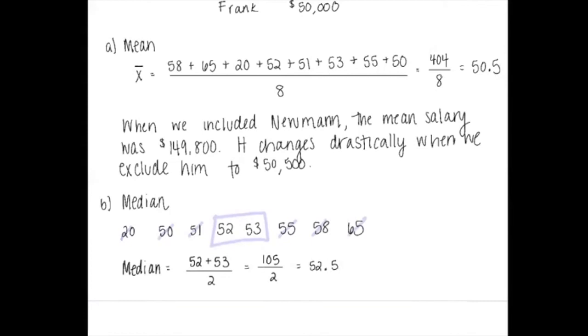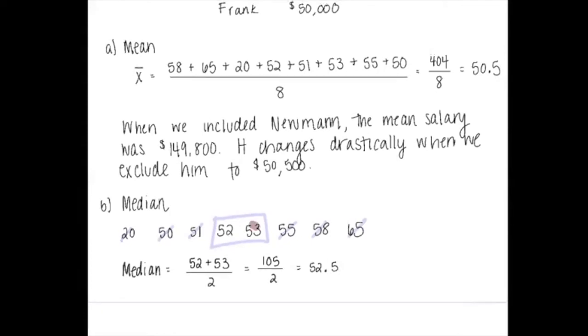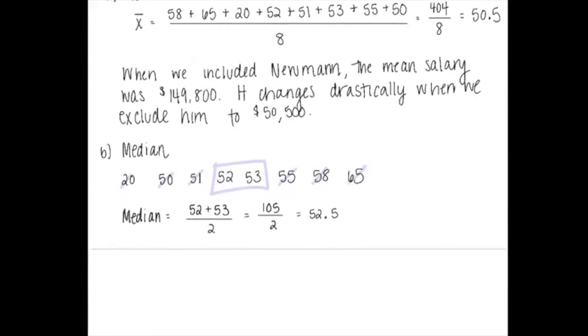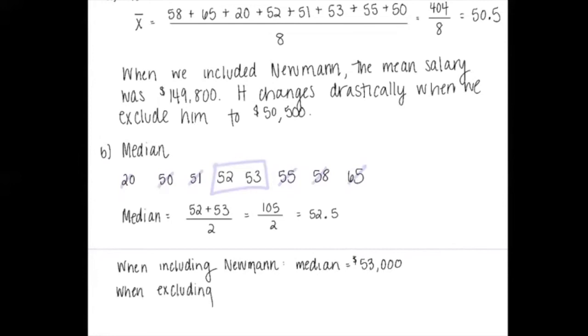So even when we include Newman, our median was 53. It doesn't change much when we exclude him, which tells us this is a pretty good representation of our data. When we include Newman, the median was equal to 53,000. When excluding Newman, the median is 52,500.